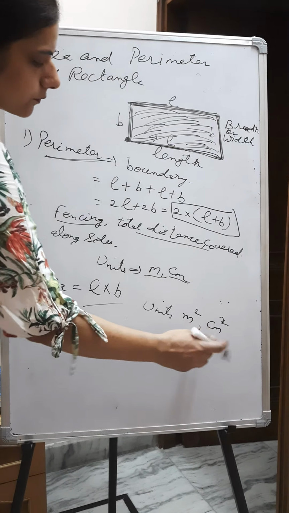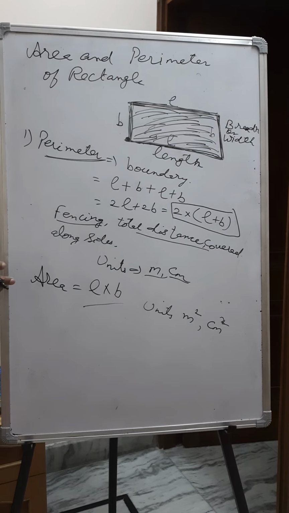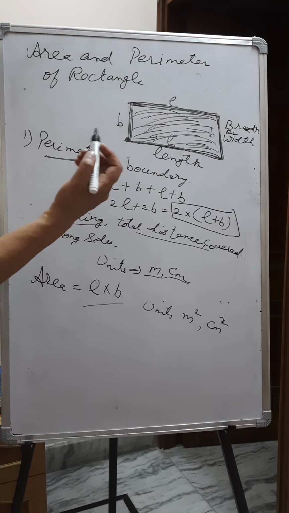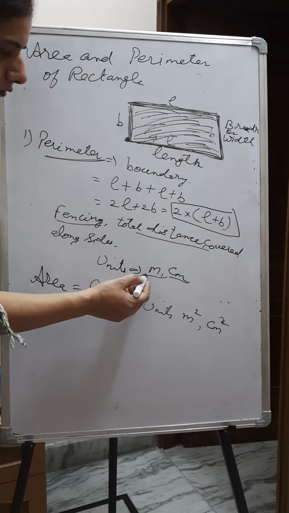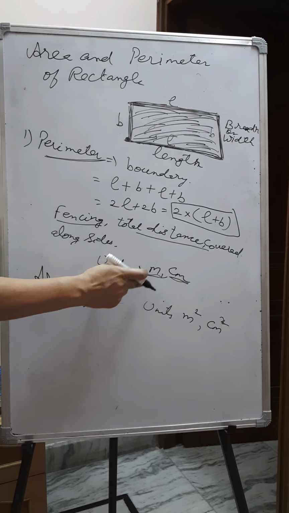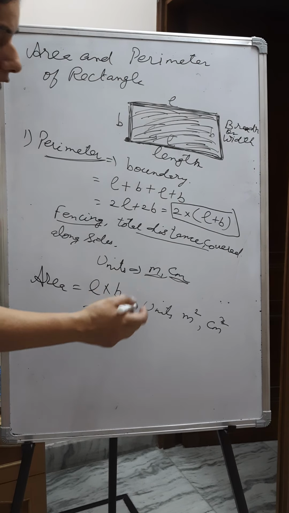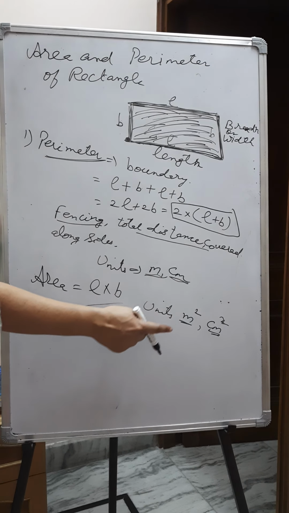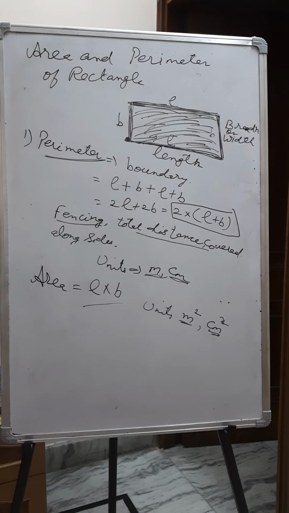Square units. Whenever you are not clear about whether perimeter is given or area is given, just go to the units. If the units are given in meter and centimeter, it means you are given the perimeter. And if the units are given in meter square and centimeter square, it means you are given the area.